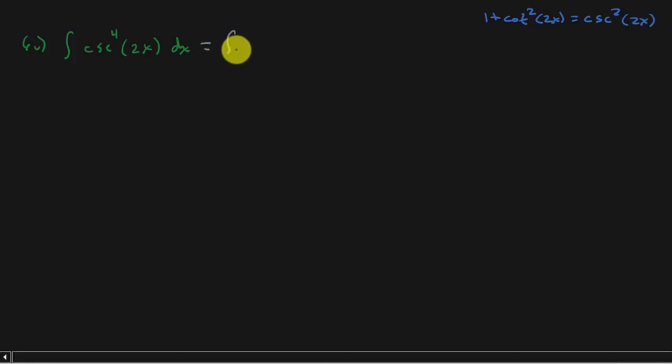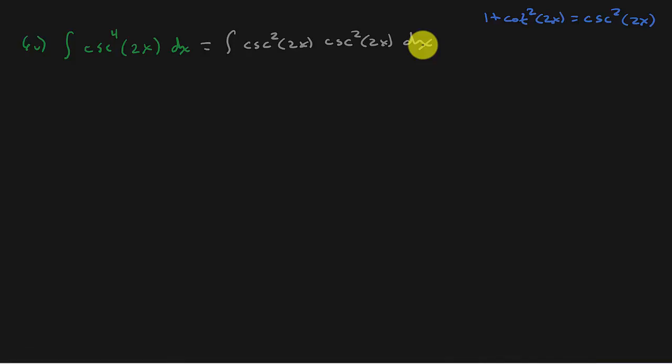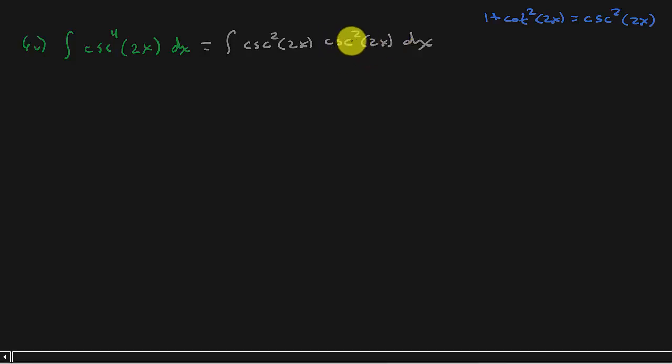Well, I could write this as cosecant squared 2x times cosecant squared 2x dx, right? Just rewrite cosecant to the fourth as cosecant squared times cosecant squared. And then this cosecant squared right here, I'll replace with 1 plus cotangent squared. And so that's going to be the integral of cosecant squared 2x times 1 plus cotangent squared 2x dx.